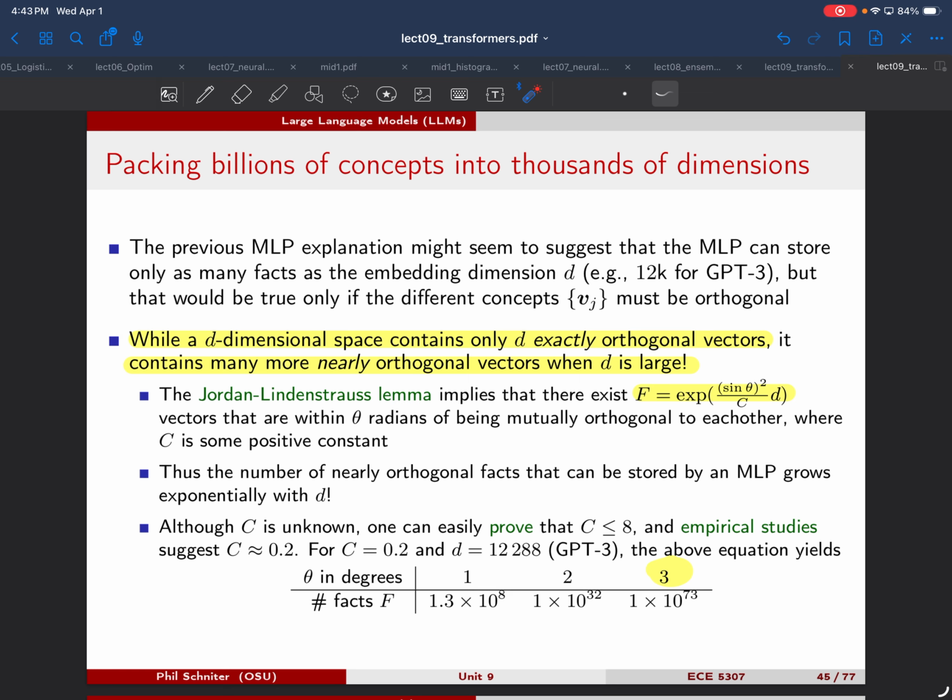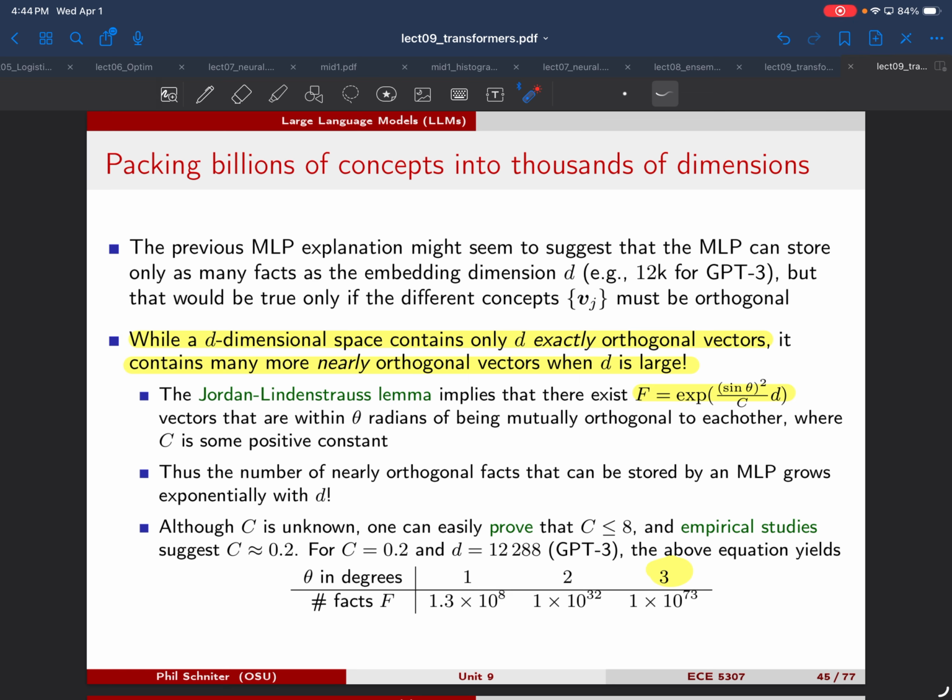And so the question is how many of these distinct yet not completely distinct facts can I squeeze in for a given embedding dimension? Yeah, so if you have two that are not orthogonal, and they're close enough to each other, does it count as just a singular fact and not two?